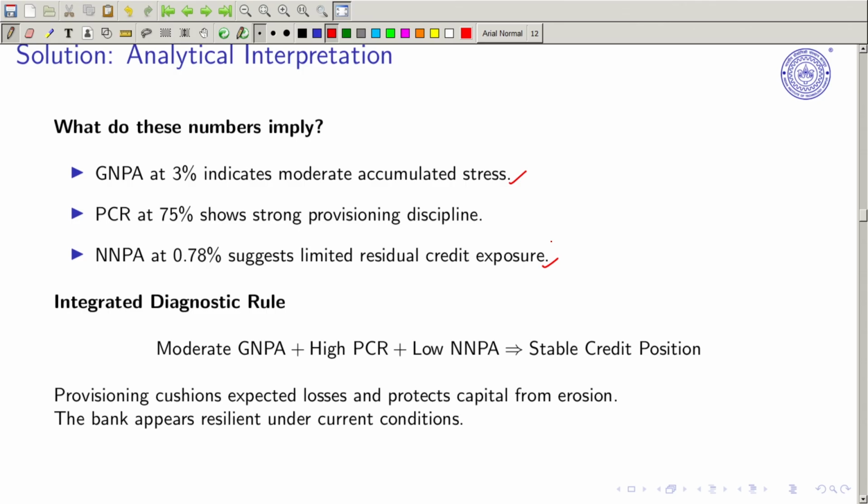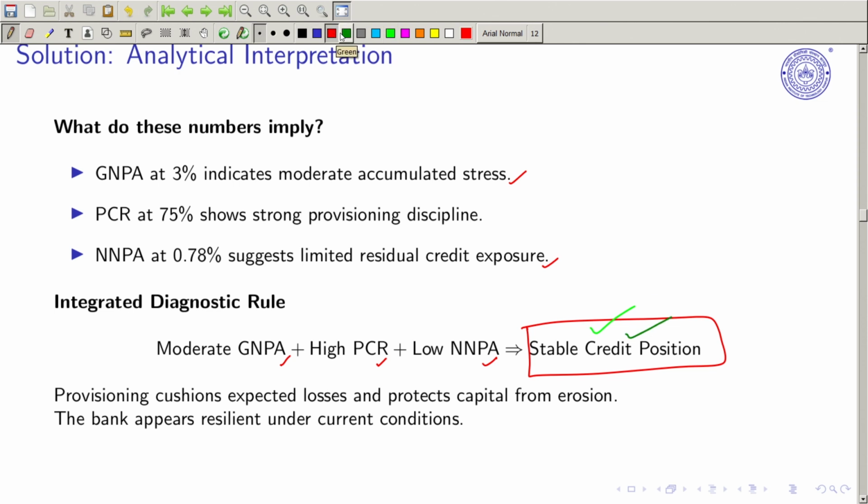So this is also a good thing to note. Then we have the moderate GNPA, the high PCR provision coverage ratio and low NNPA. We can classify that as good in terms of the credit coverage. So this is what we imply here.